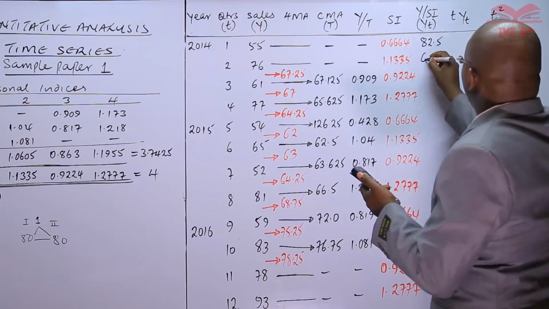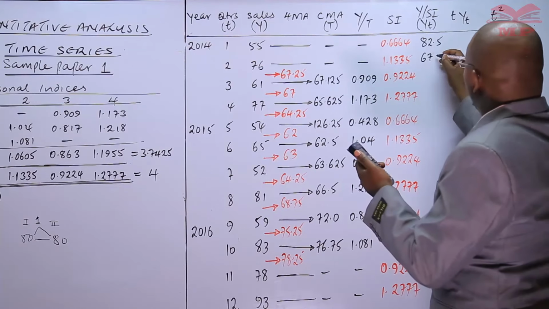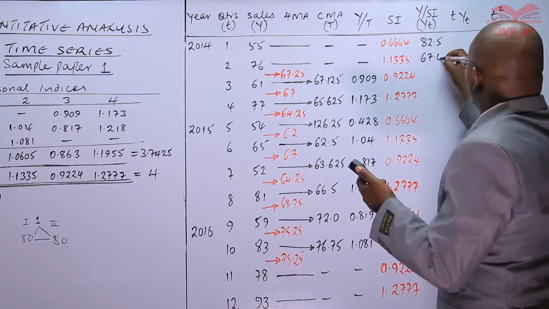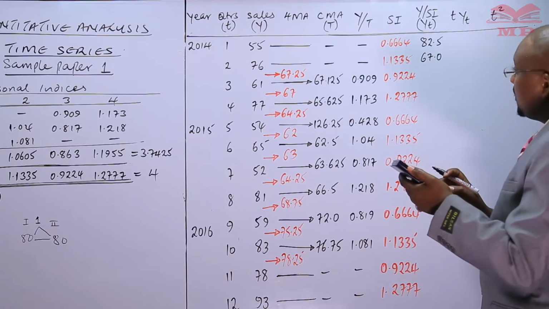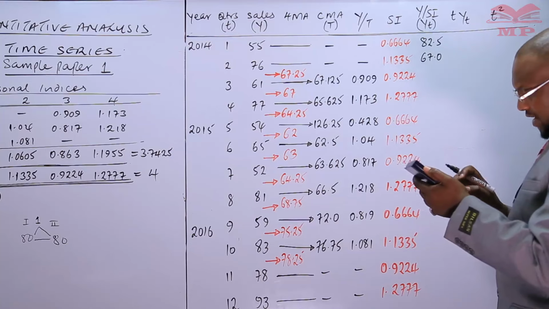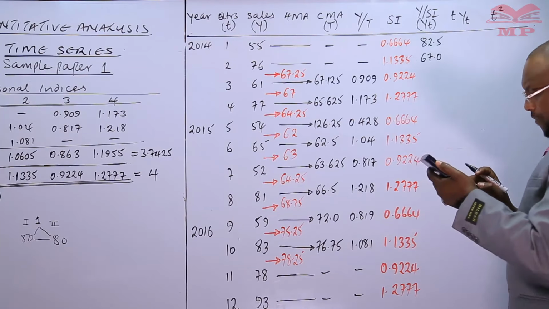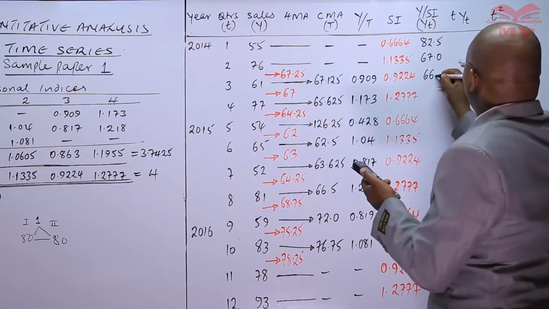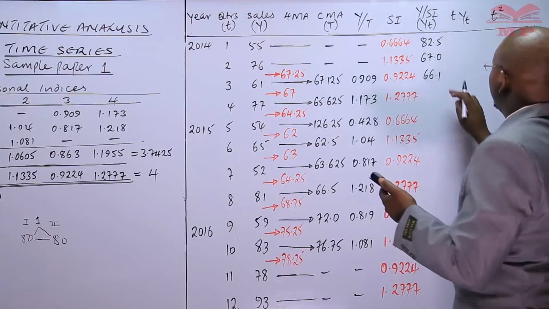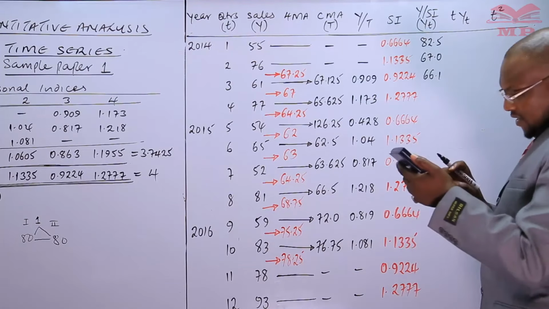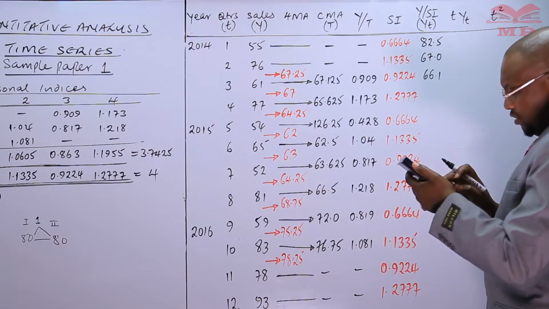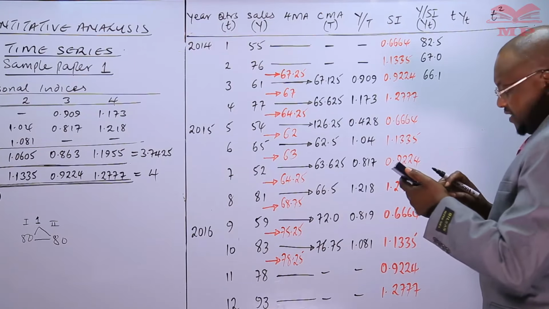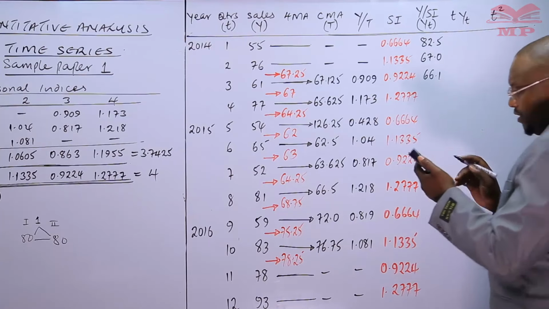This is 67.0. The next one is 61 divided by 0.9224. This is 66.1. The other one is 77 divided by 1.2777.